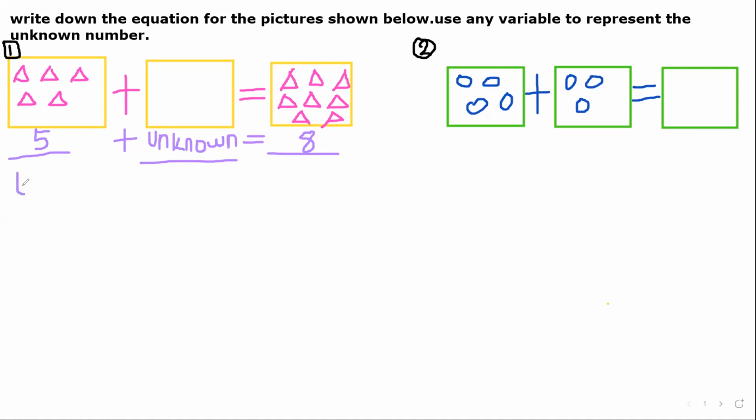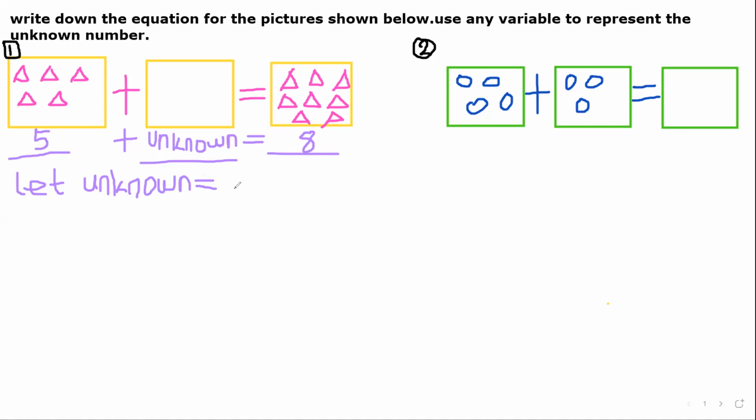So you write, let the unknown equal to any alphabet or any variable that you want.